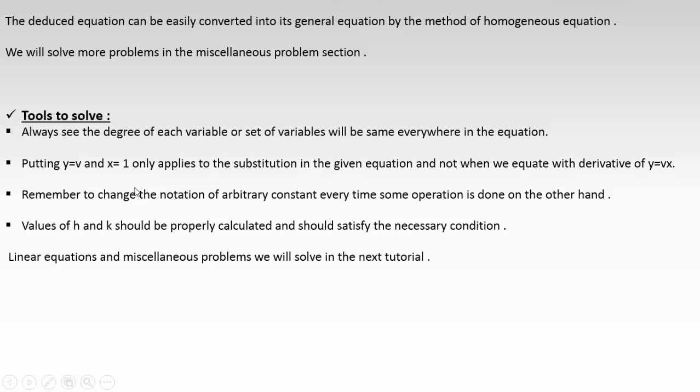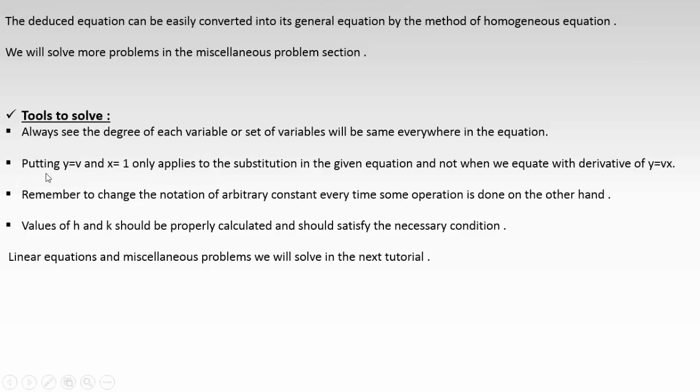The first one is always to see the degree of each variable or set of variables, which will be the same everywhere in the equation. Like we have seen it before, f of (ax plus y) upon (bx plus y). So in this, x and y in the numerator as well as x and y in the denominator, the degrees are both the same.